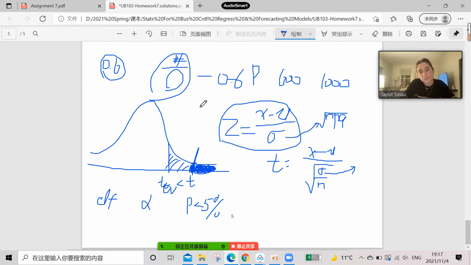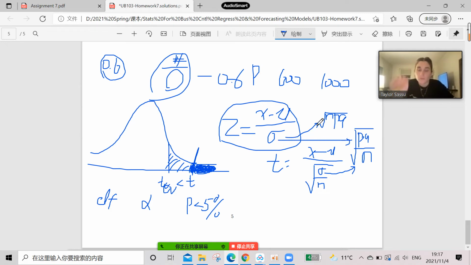But here, the standard deviation, instead of NPQ, is the square root of PQ divided by N. This is the standard deviation for the probability, right? The square root of PQ over N. Yeah, that's the standard deviation in that problem.